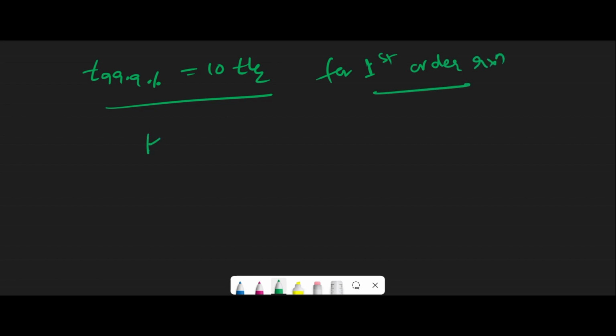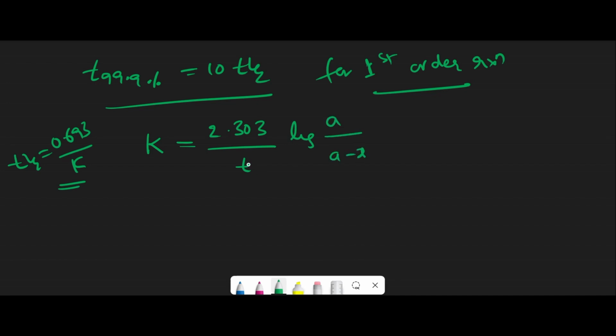For a first order reaction, we know that t half is equal to 0.693 by k. I am also writing the first order rate constant, k equal to 2.303 by t log a by a minus x.